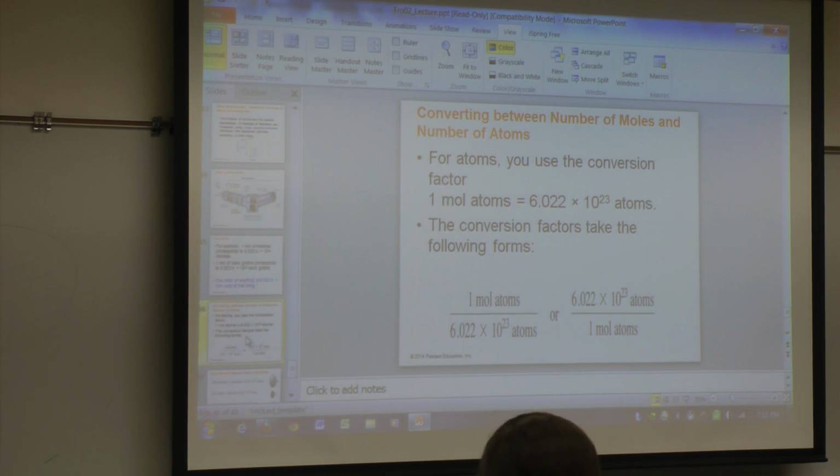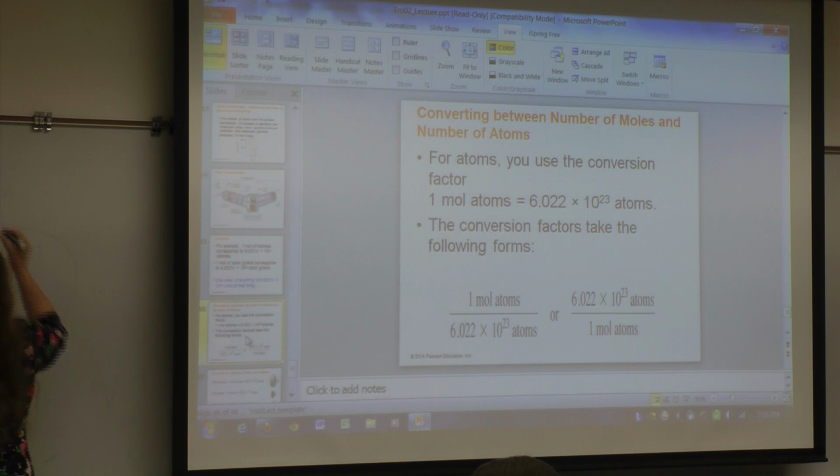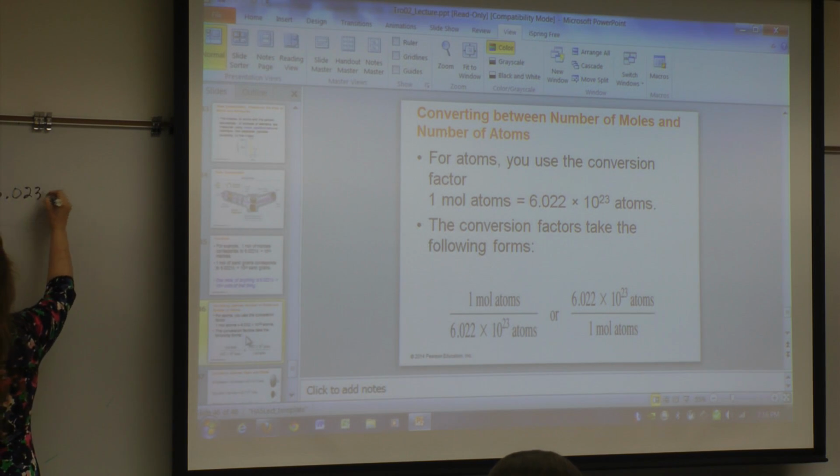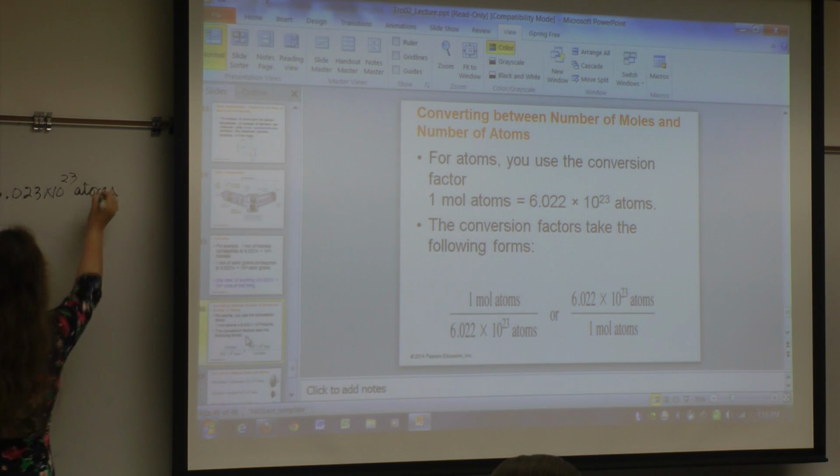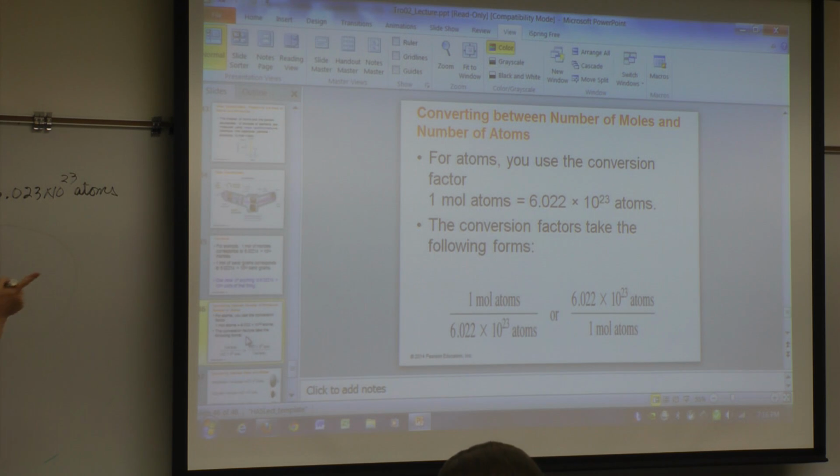So 1 mole of sodium atoms has 6.023 times 10 to the 23rd atoms. But 1 mole of sodium weighs 22.9 grams, right?